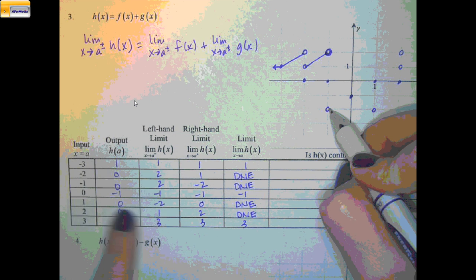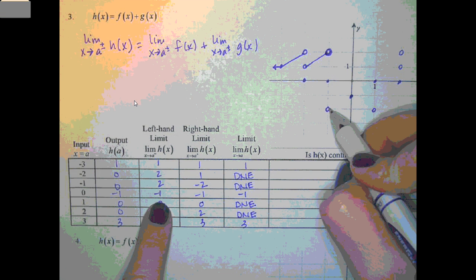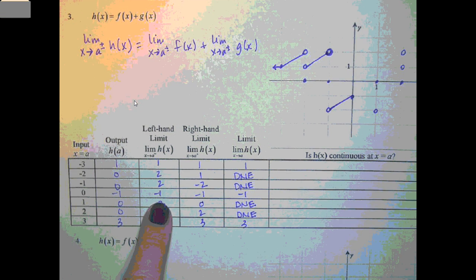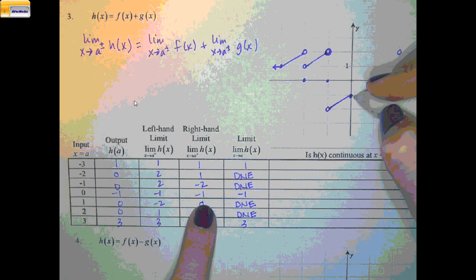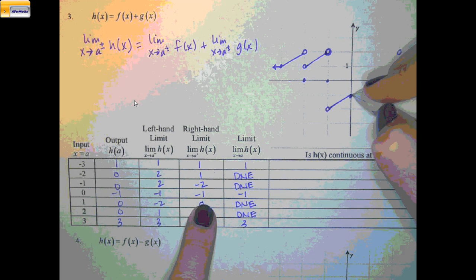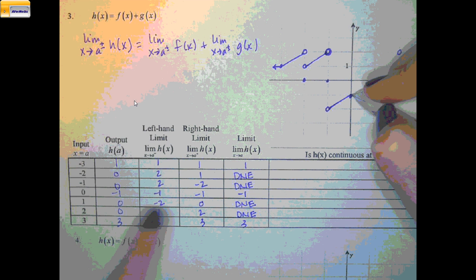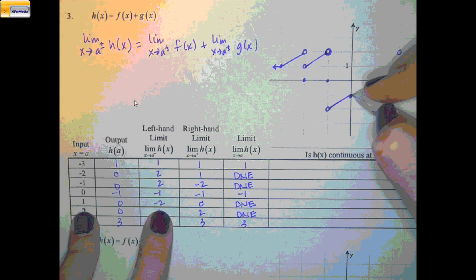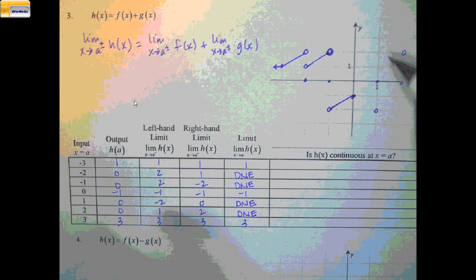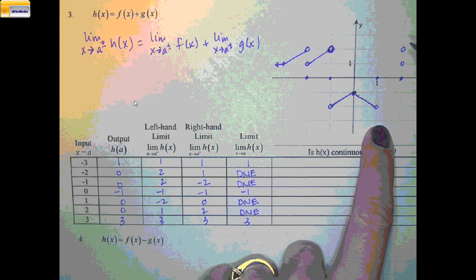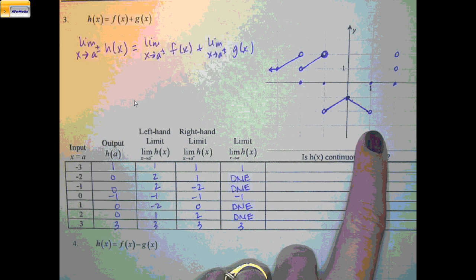If we head toward 0 from the left, we're headed toward -1. Headed toward 0 from the right, we're at -1, so I start from this dot. Then I'm headed to my left-handed limit, and I'm approaching -2. So out of these 2 dots, I'm approaching the bottom one. You guys kind of see how this logic is working?